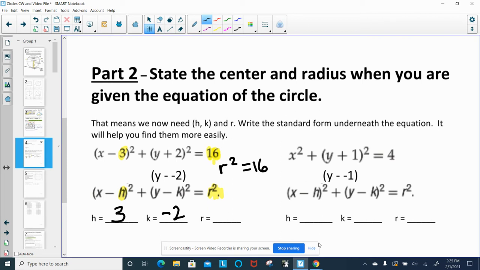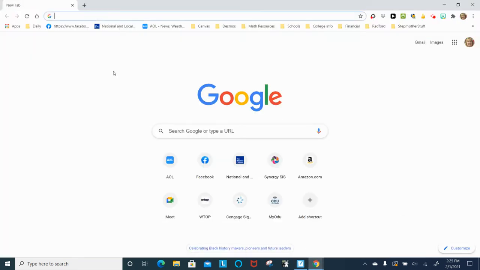And if you can't think of that, what we can do is a little work with the square root sign. We can take the square root of both sides and go over to the Desmos calculator. I just have to pull it up. Give me 1 sec.